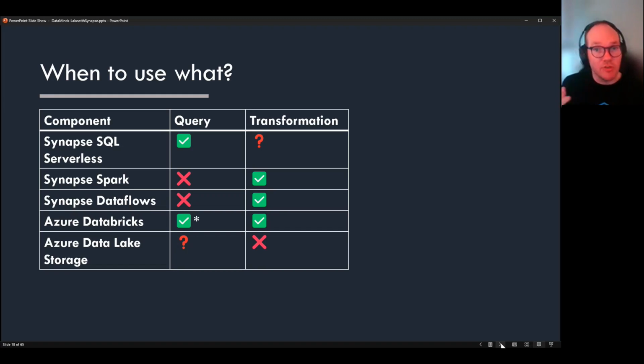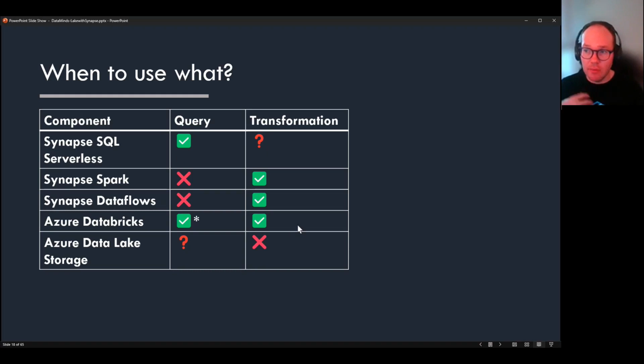That probably is going to be data lake store. So we don't see it as much of a query engine, particularly given that we've got Synapse SQL Serverless, the ability to have the power of SQL over the top of the data lake. The tight integration between Synapse Spark and SQL Serverless means you can think of these as the left hand and the right hand.